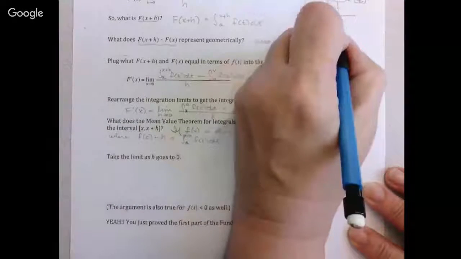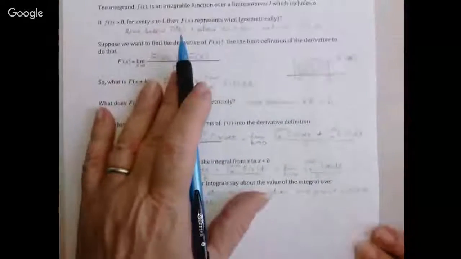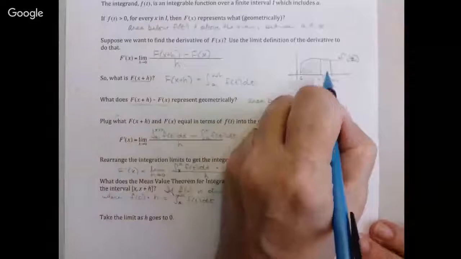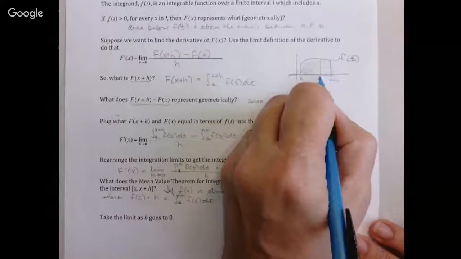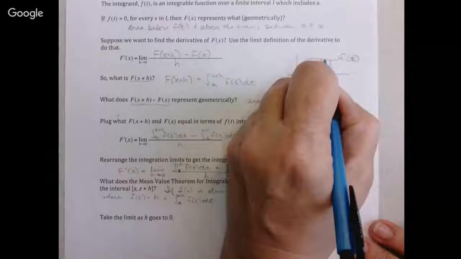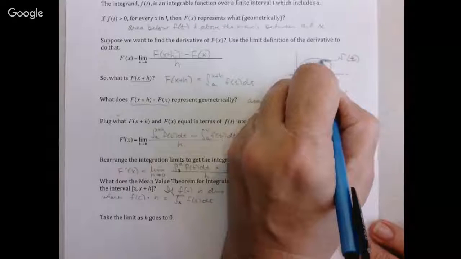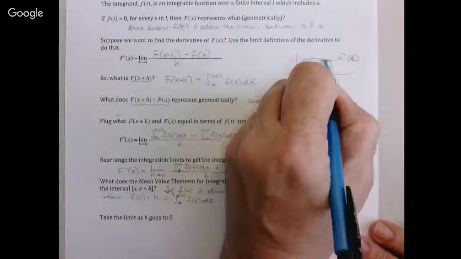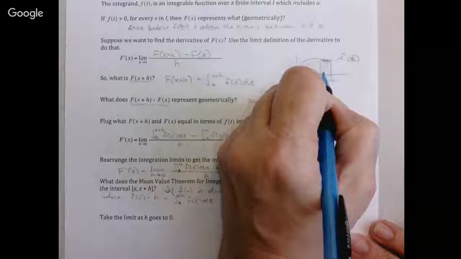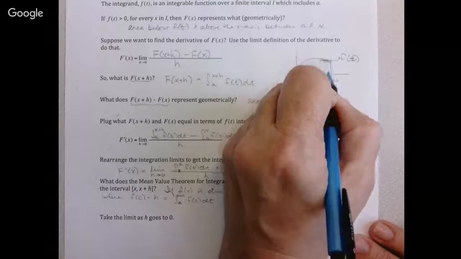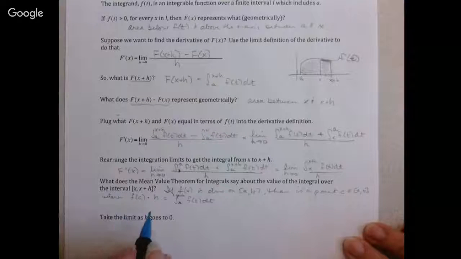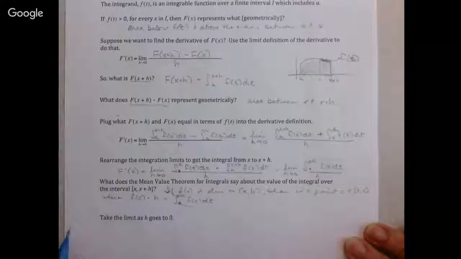In other words, there has to be a point c somewhere in this interval between x and x plus h where the height, if I made a rectangle based on the height at c, would equal the area under the curve between x and x plus h. Right. So the integral right here is equal to f of c times h.